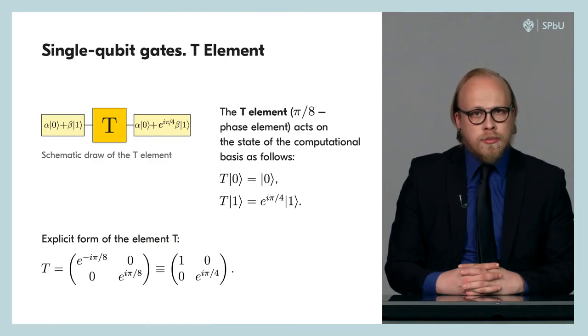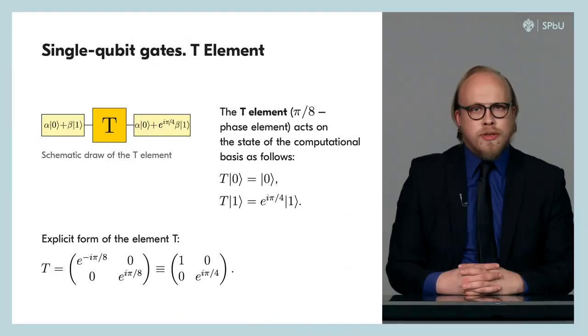Another logical element which we briefly consider is the phase element T. The slide shows an explicit matrix form of the corresponding operator in two different forms, and in the second case we again took out the phase factor, which in many cases will not play any role at all.